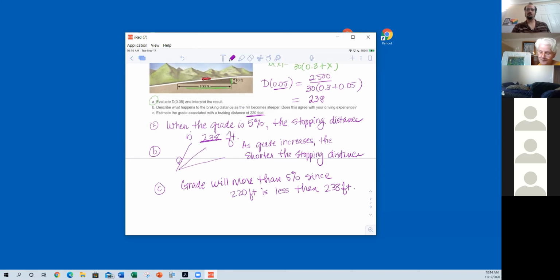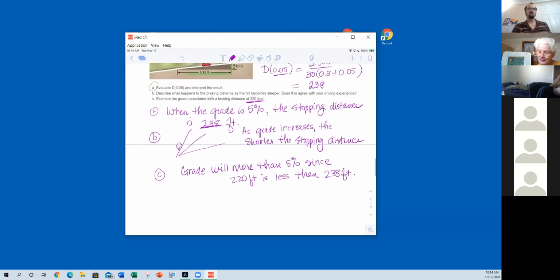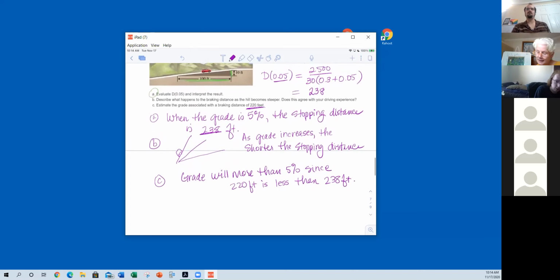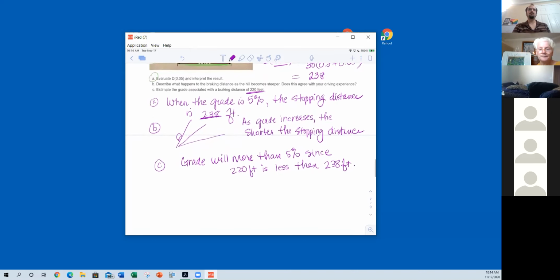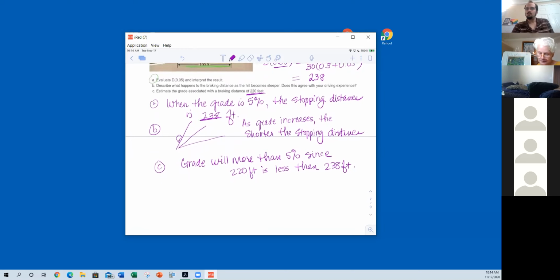Okay, so I'm going to approximate this. I'm going to say 2,500, and they're saying estimate. So 2,500 divided by 30 times 0.3 plus some x, because we're trying to find the grade, which is our x, is equal to 220.